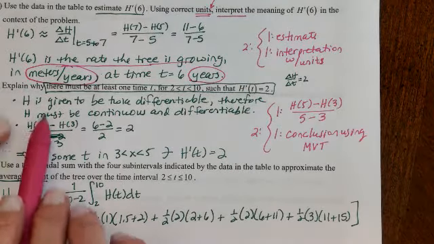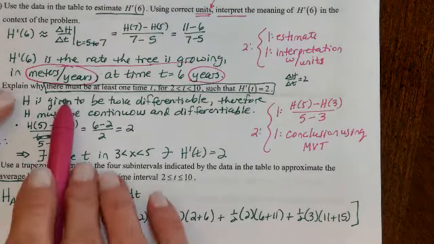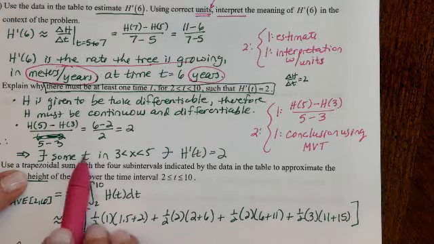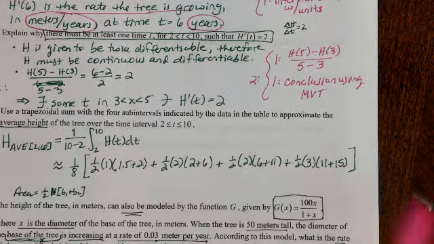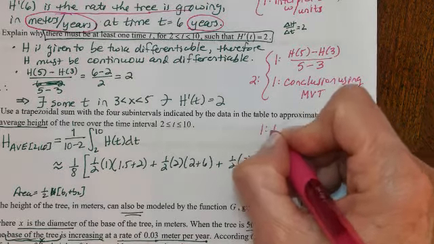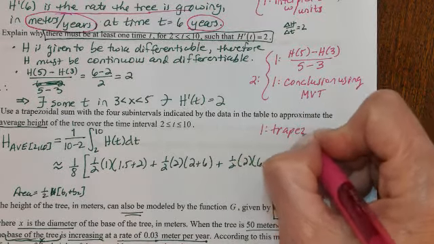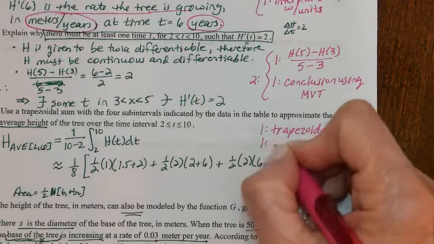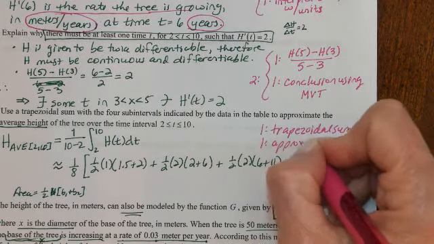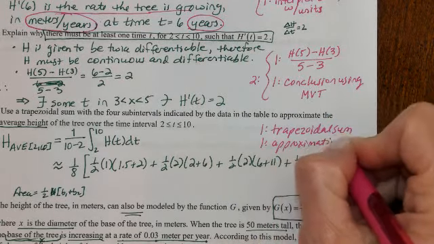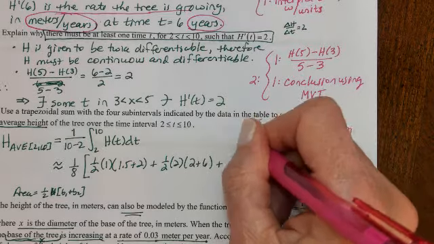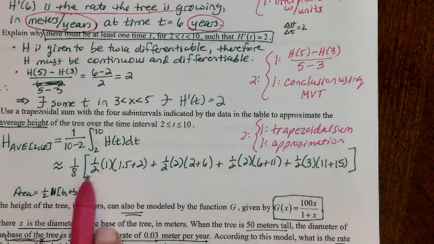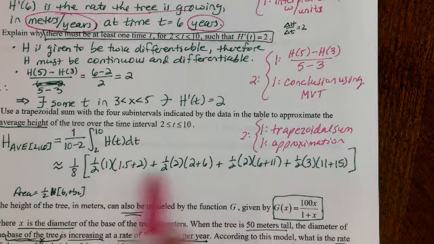You have given everything for the mean value theorem and then made your conclusion after that. For part C, they gave 1 point for the trapezoidal sum and 1 point for your approximation. So 1 point just for the trapezoidal sum and 1 point for the 1/8 of that value.